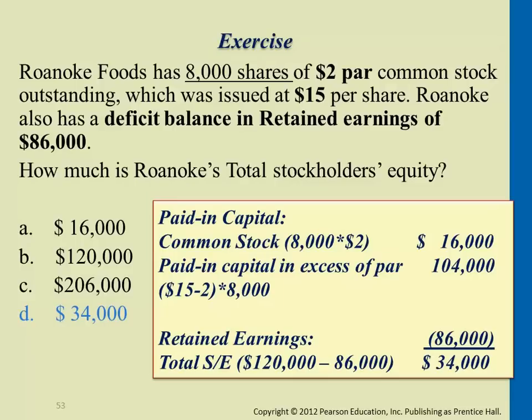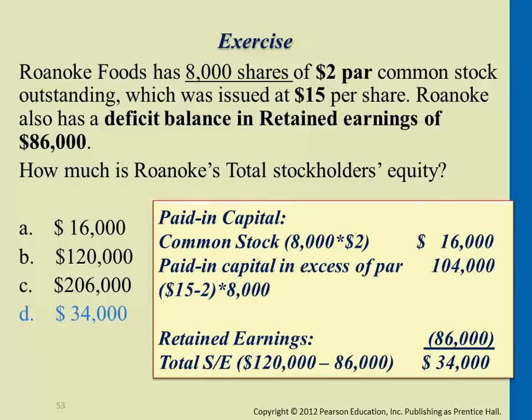Okay, so you will have 3 categories under stockholders' equity. 2 of them under paid-in capital, 1 is retained earnings. The $104,000? That's the premium for the 120, yes, this is add them up, add the 2.